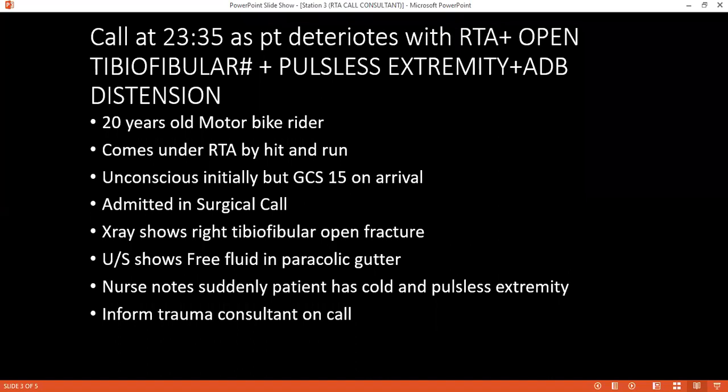If you have read and understood, kindly begin your session. Okay. Hello, good evening. I am Mohammed Alayan, the surgical registrar working in X Hospital.